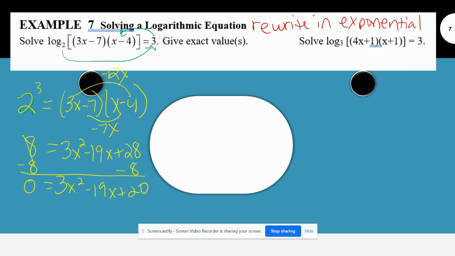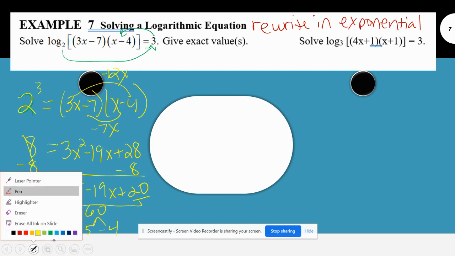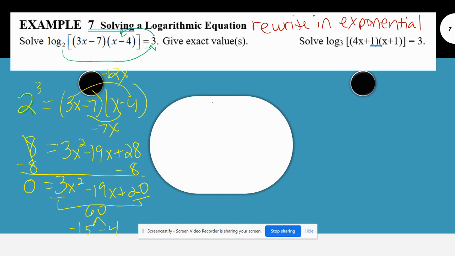So we need to factor. 3 times 20 is 60. The factors of positive 60 that add to negative 19 are going to be negative 15 and negative 4. When I factor that, I end up with 0 is equal to 3x minus 4 times x minus 5.